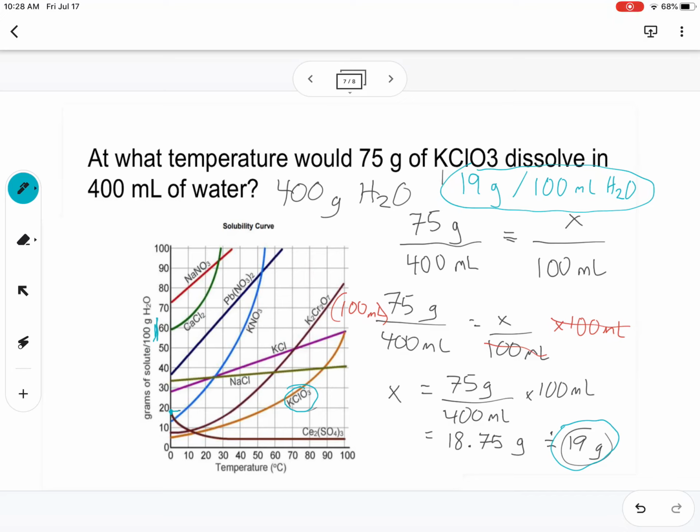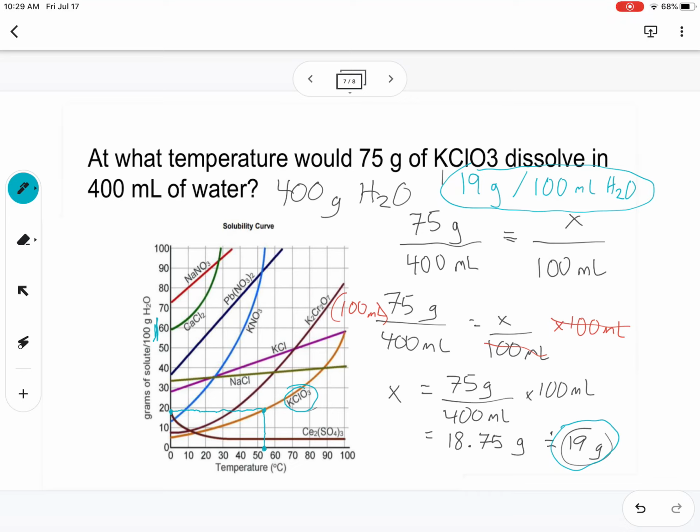Then I'm going to come across, it's around here, and look for where this intersects with the x-axis to get a temperature.